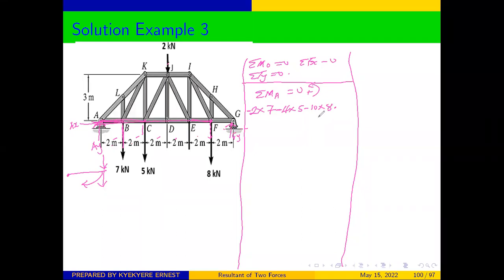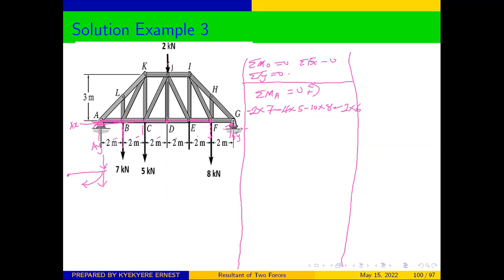Sorry for the breakage. Then we have 2, which is a vertical force. Therefore, the perpendicular distance will be a horizontal distance from this point to that point, which will give us 6. So we are going to get minus, that will also cause a clockwise rotation, minus 2 times 6.